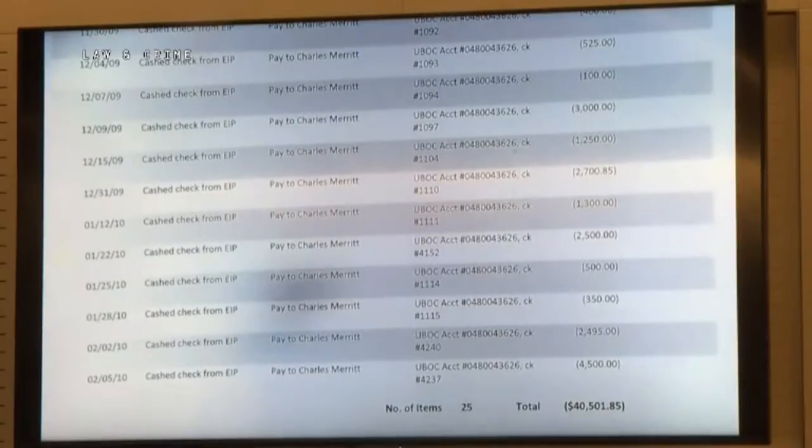And if you could just, I know we covered it previously, but because this is in your chart, tell us what we're seeing at the bottom of page 9. So with the cash checks, there were 25 of them, and the total was $40,501.85.